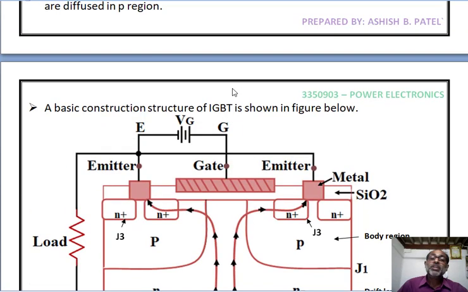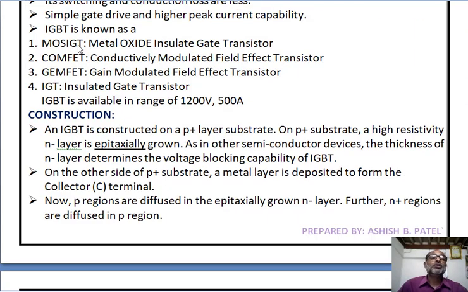The IGBT is also known as MOS IGBT, metal oxide insulated gate transistor, COMFET, conductively modulated field effect transistor, GAMFET, gain modulated field effect transistor, and IGT, insulated gate transistor. The IGBT is available in the range of 1200 volts and 500 ampere.